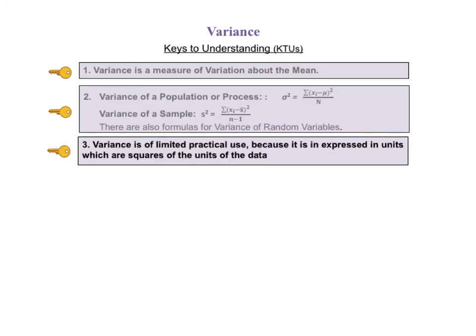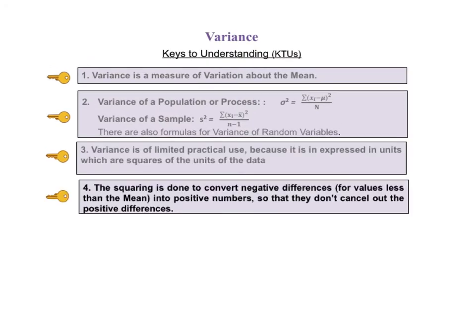The third key says variance is of limited practical use because it is expressed in units which are squares of the units of the data. The fourth key says the squaring is done to convert negative differences for data values less than the mean into positive numbers so that they don't cancel out the positive differences.